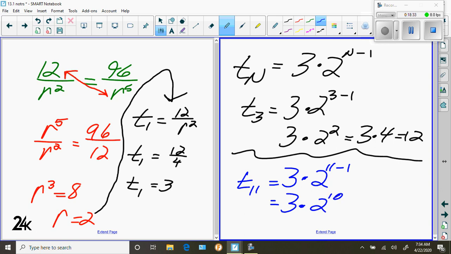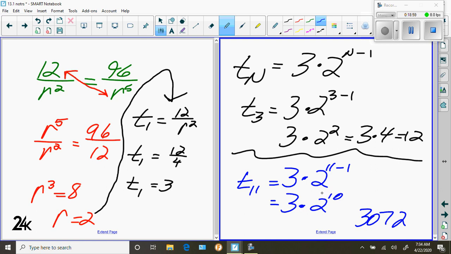Oh boy, calculator time. 2 to the 10th times 3. 3072. Voila.